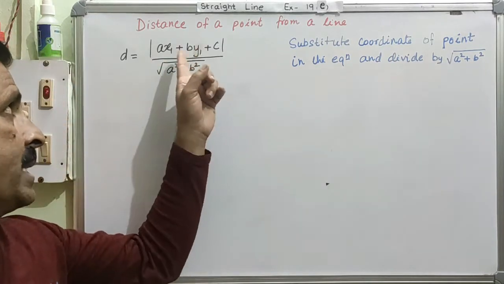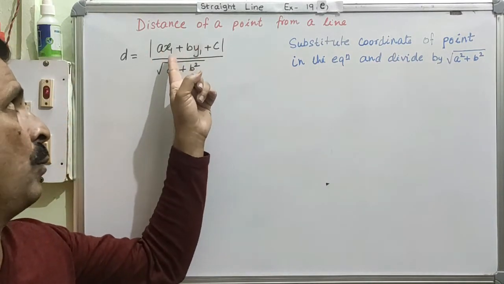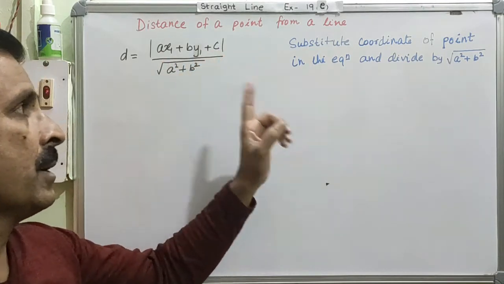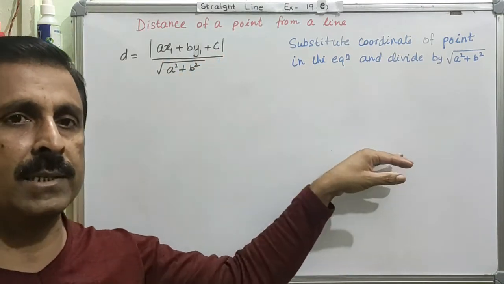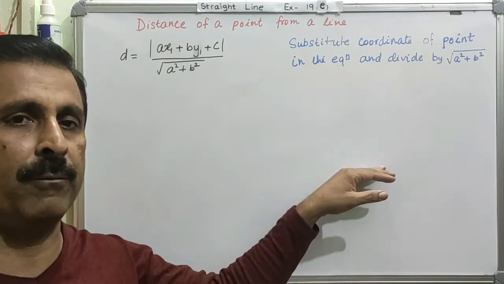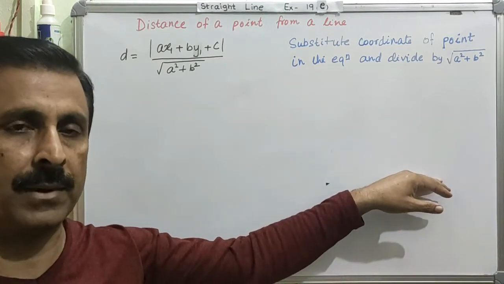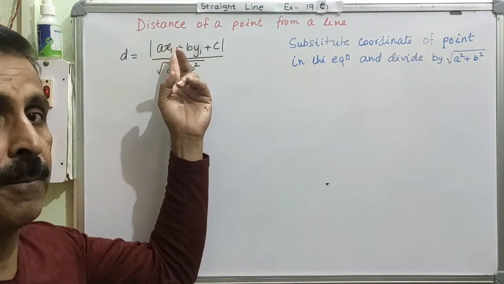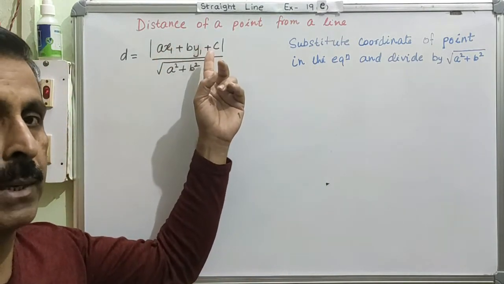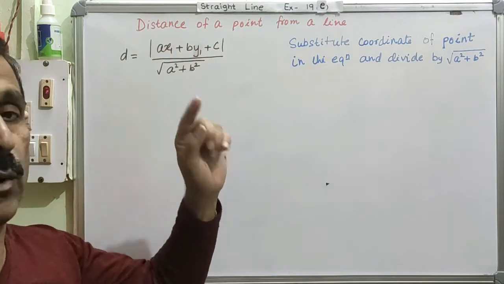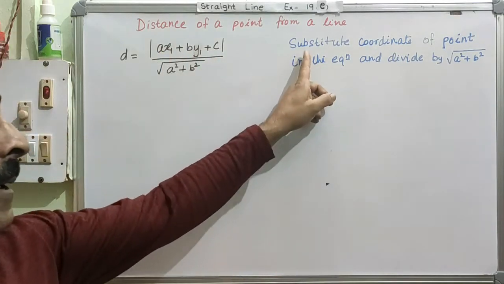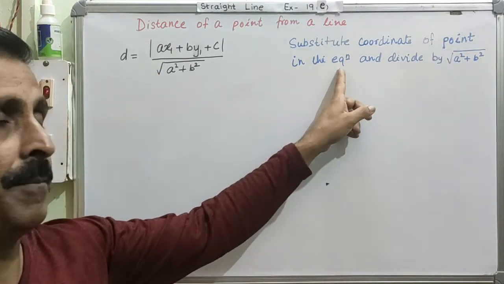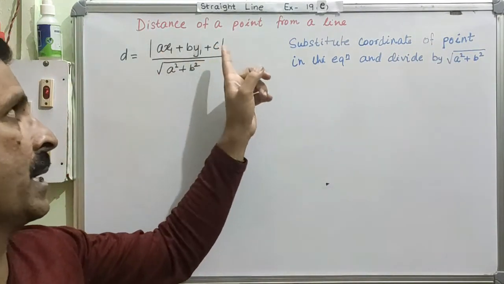In the numerator you can see we have the absolute value of ax1 plus by1 plus c, right? Now, you know that the linear equation in the general form is ax plus by plus c is equal to 0. So, in that equation, we are going to substitute the value of x and y. For x and y, we can use the coordinate of the point. Here I have written, substitute the coordinate of point in the equation. Clear? This is for the numerator part.